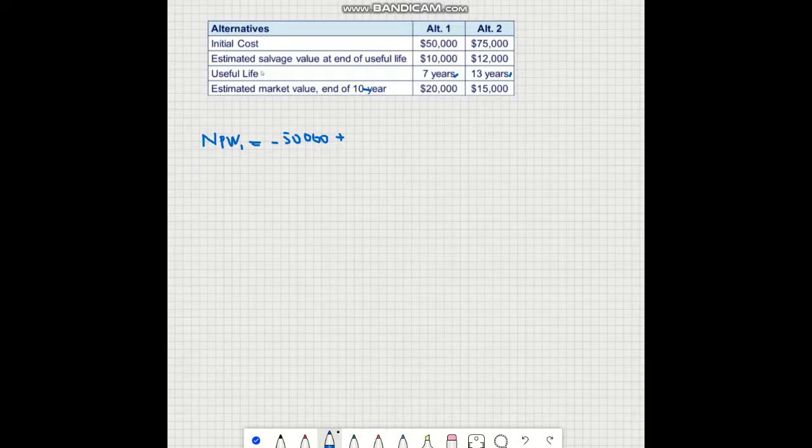Because we finish in 7 years, so we are going to sell this product at 10,000. So it's going to be a benefit for us. We are going to convert it to present value from the future value, and the interest rate, let's take it as 8% again, for 8%, let's say, and 7 years.